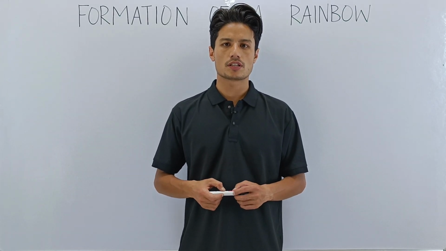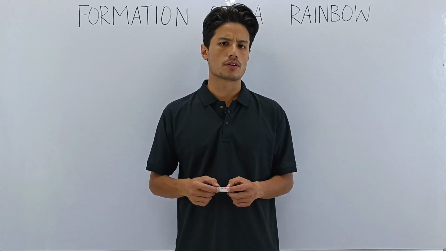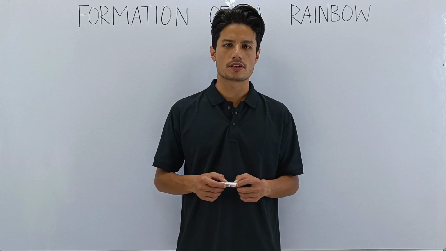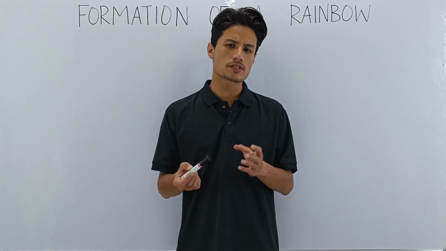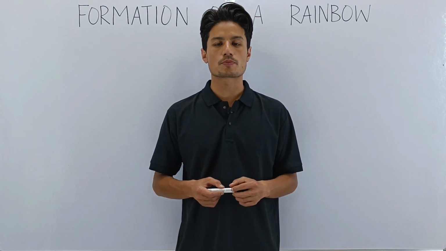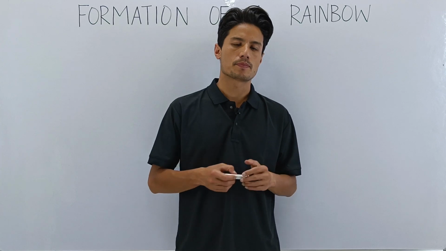In today's video, we will be learning about the formation of a rainbow, a very important topic which is frequently asked in the exam. And it's very easy. It will be very easy for you if you have watched the previous video, which is dispersion of light, because the working principle is the same.